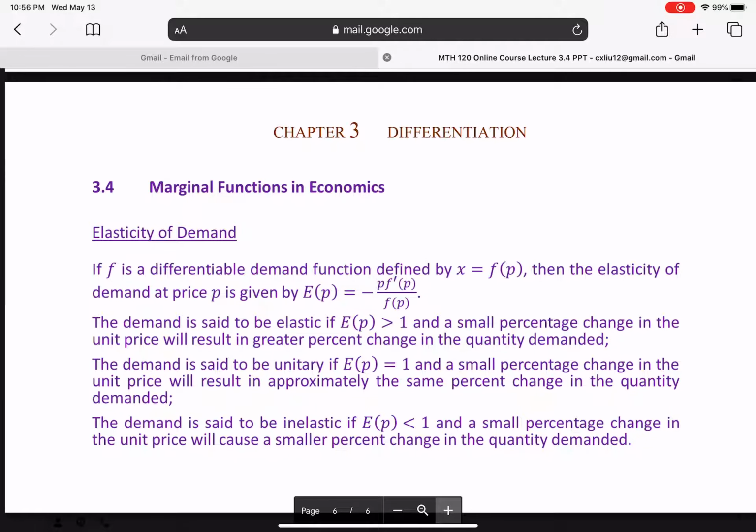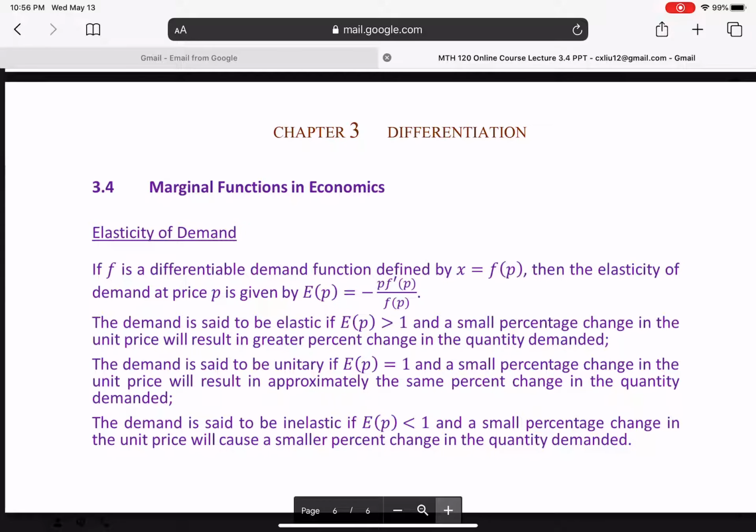All right. So you want to raise the price, but if the demand is elastic, then you get a big drop in the demand. So you actually lose money. So it is not good if the demand is elastic.